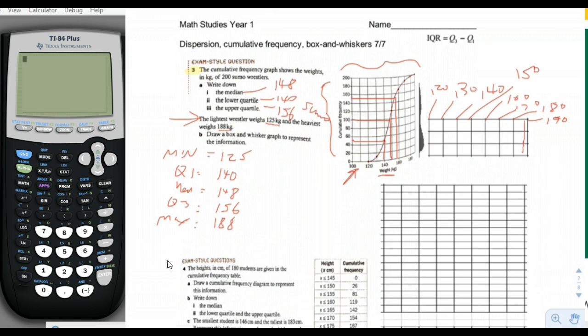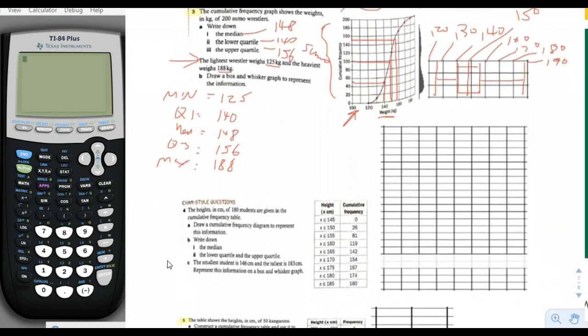The minimum is 125, halfway between 120 and 130. The median is 148, very close to 150. And Q1 is 140, and Q3 is 156, about here. So then we could draw our box and whiskers. It looks like that.